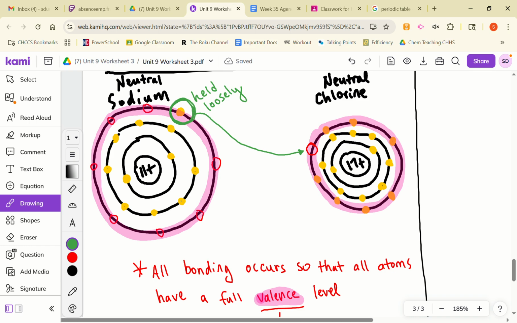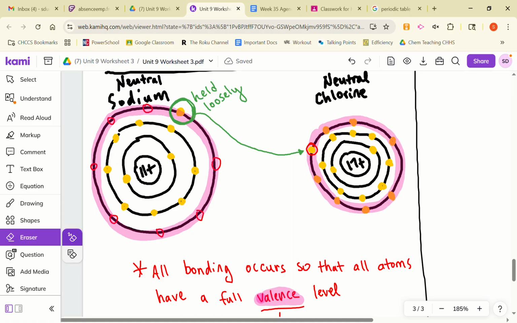So I'm going to go ahead and draw that. It's going to fill this empty spot, which means that I'm going to go ahead and erase that electron.